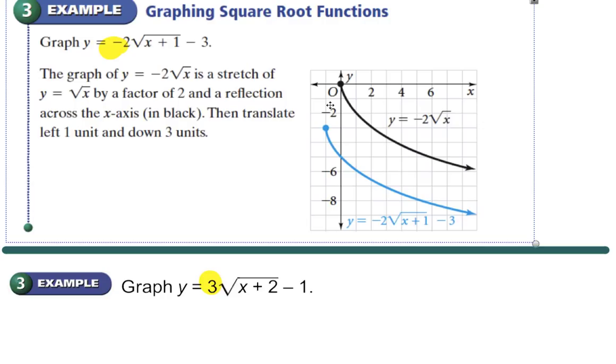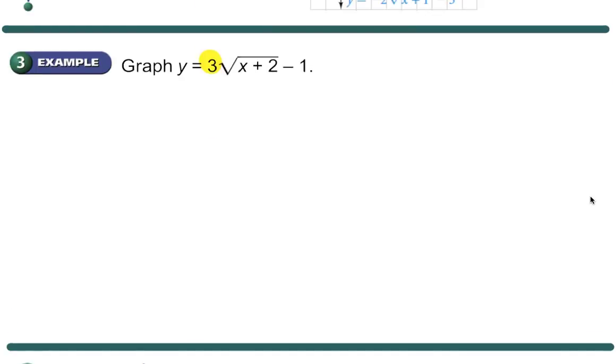If you don't remember how to do some of these things, if nothing else, when you get your equation here, you know that this is telling you that you're going to go left 2, and this tells you you're going down 1.